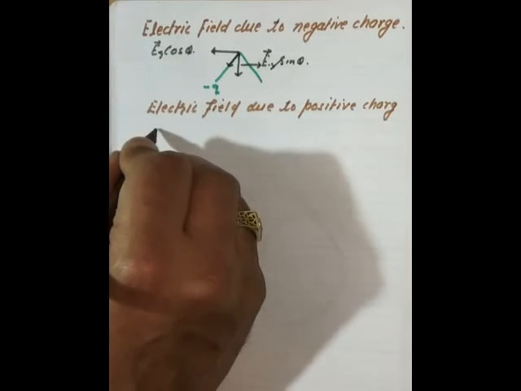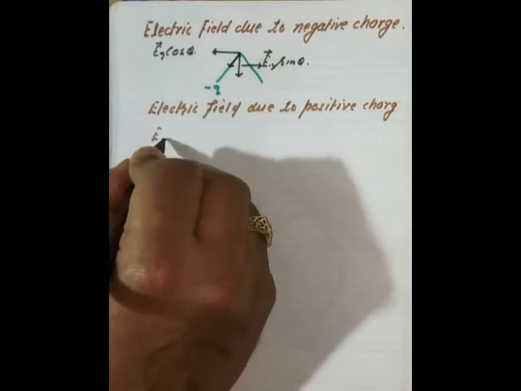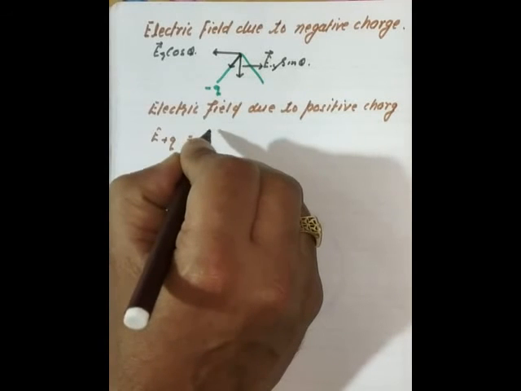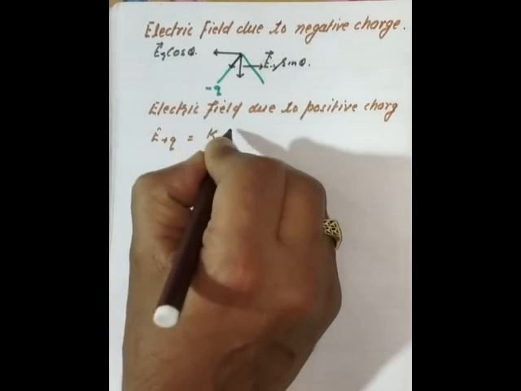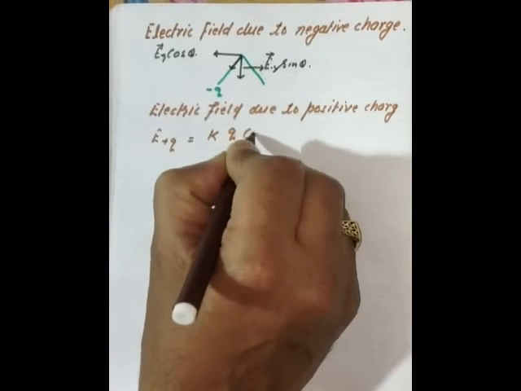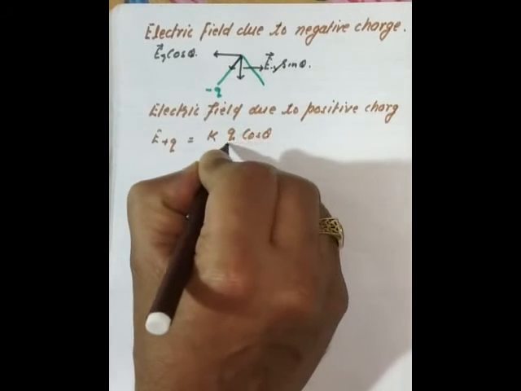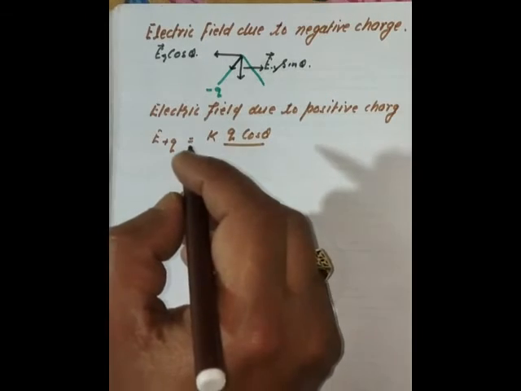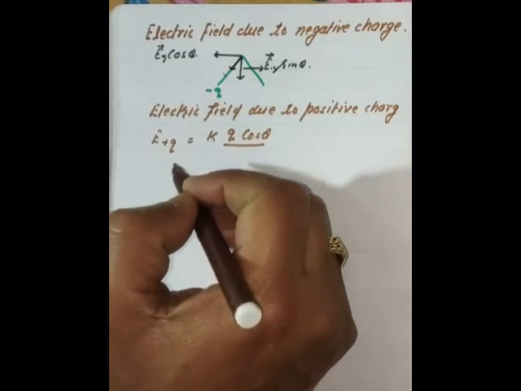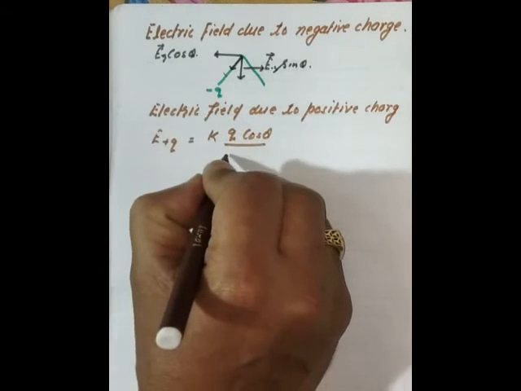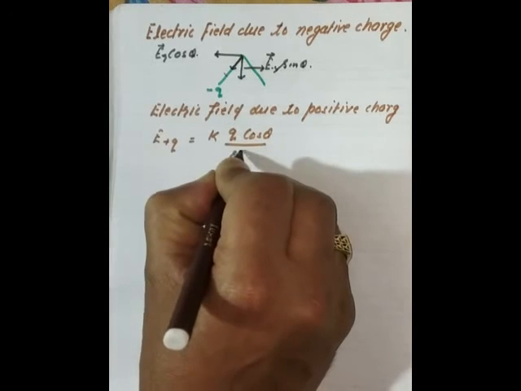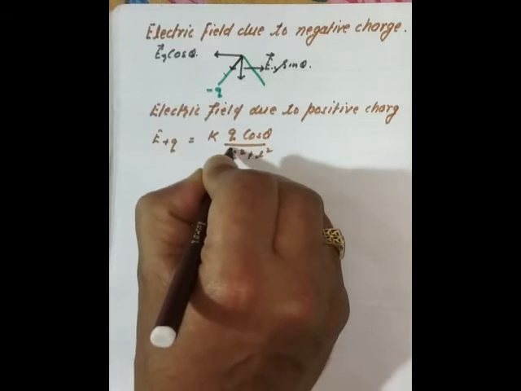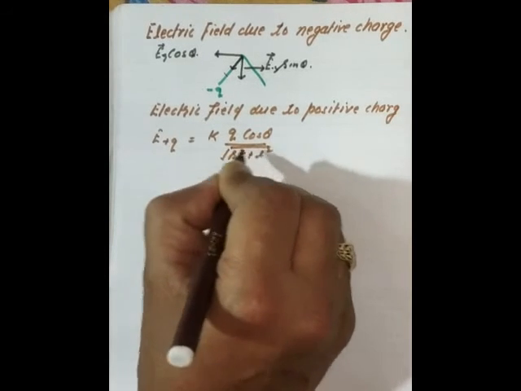The electric field by the positive charge, E positive, equals, as we already know, K Q cos theta upon r square. What is r square? This distance. So it will become under root of r square plus L square, whole square.